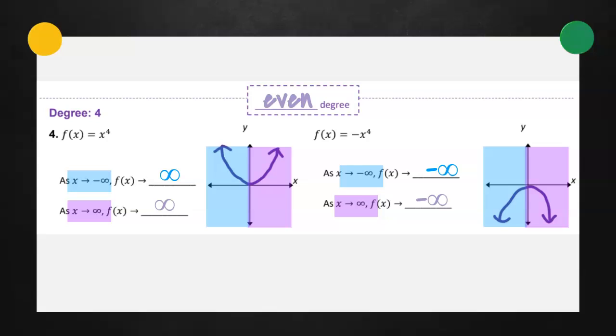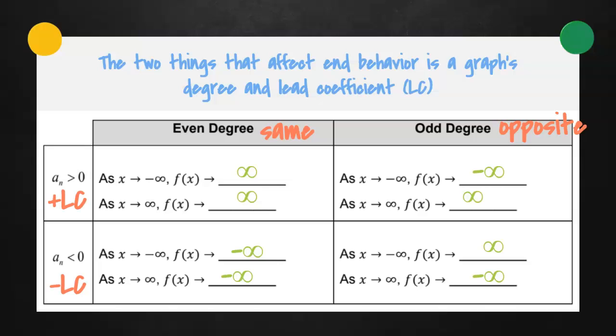Hopefully, you've seen a little bit of a pattern as I went through these 4 different degrees. The two things that affect end behavior are the graph's degree, or that exponent, that power, and the lead coefficient. So what you'll see is that when you have any type of even degree, both ends are pointing in the same direction. If I have a positive lead coefficient, my function is approaching positive infinity.